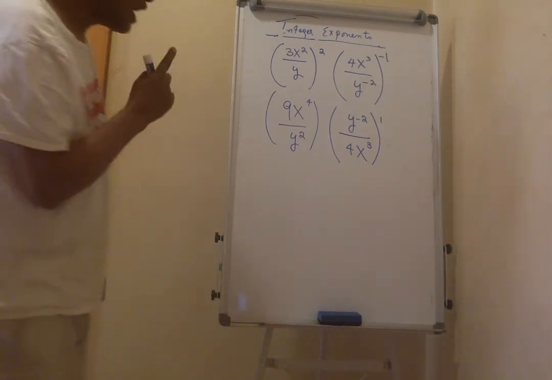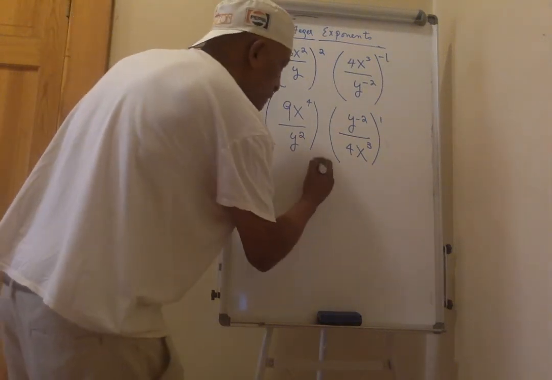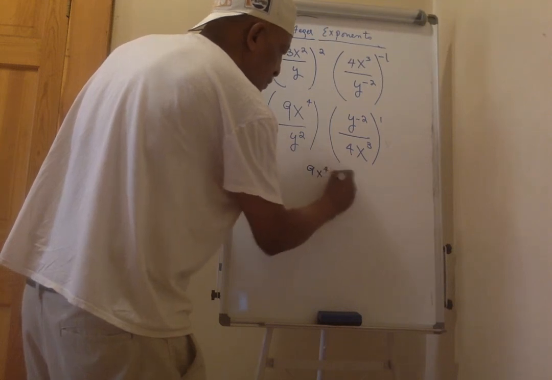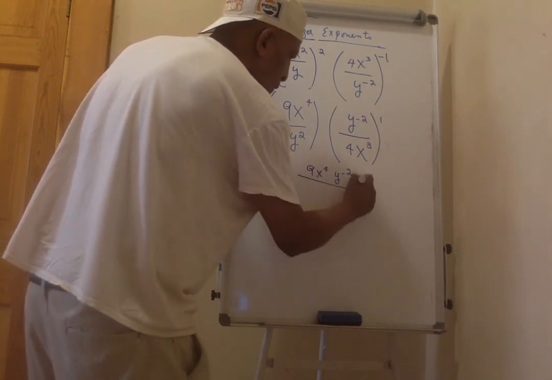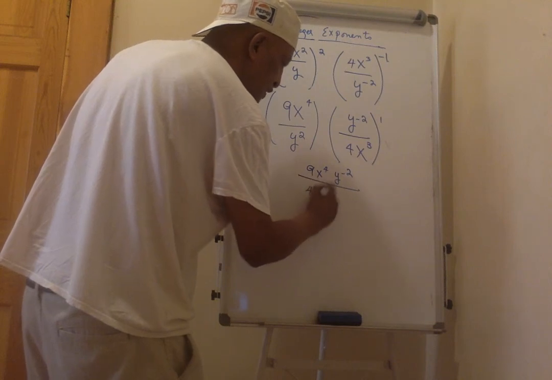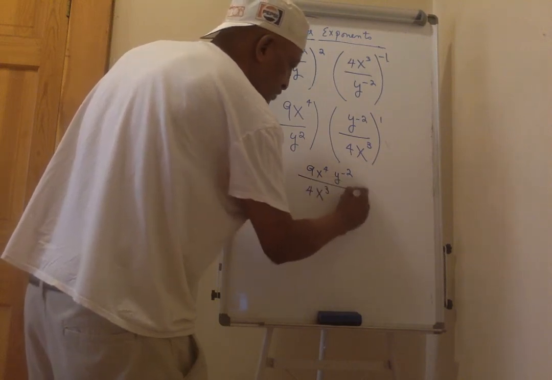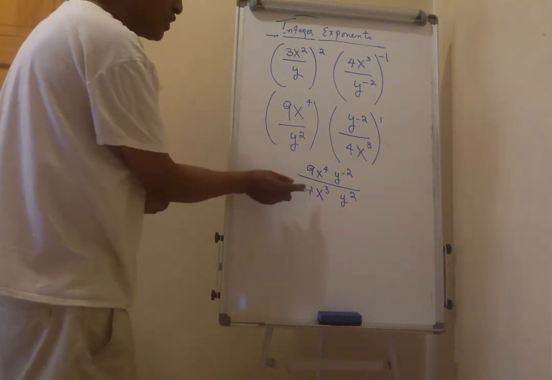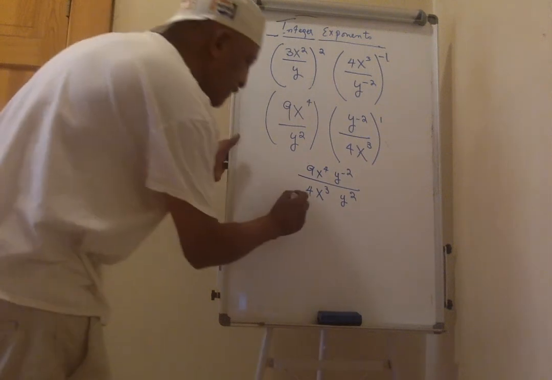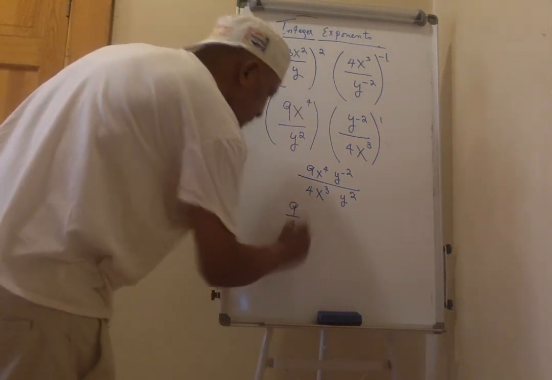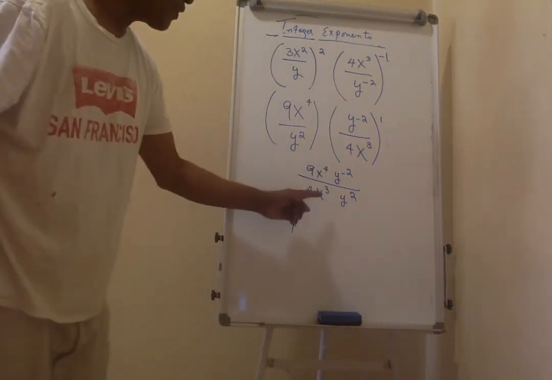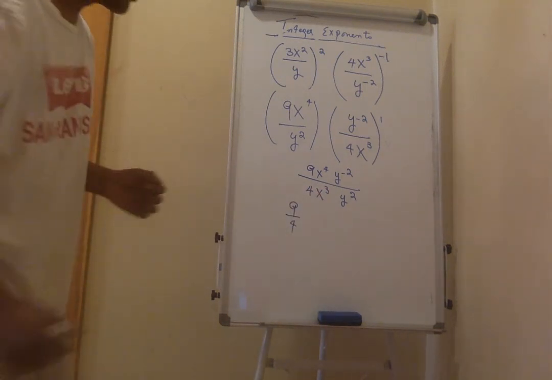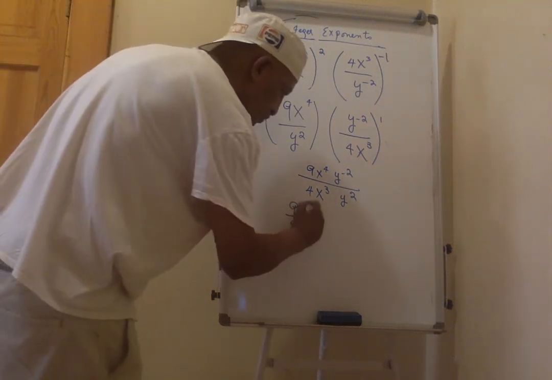Okay. So now I have what? Let me rewrite it without the parentheses. 9x to the fourth, y to the negative 2 over, let me do 4x to the third, y to the second. I'm just rearranging it. Mind you, 9 over 4 are prime to each other, you can't simplify them, so just write 9 over 4. X to the fourth over x to the third, we can now use the quotient rule. So 4 minus 3 would give us x to the 1 or just x.